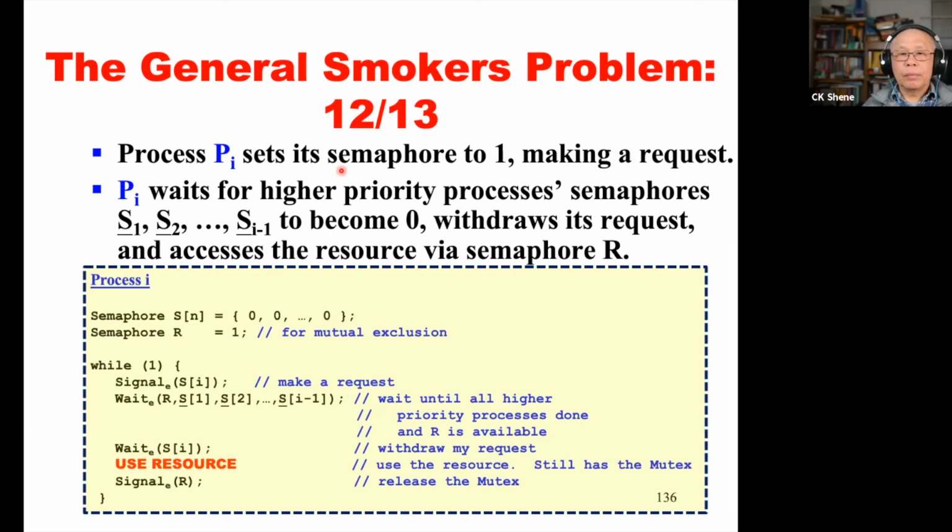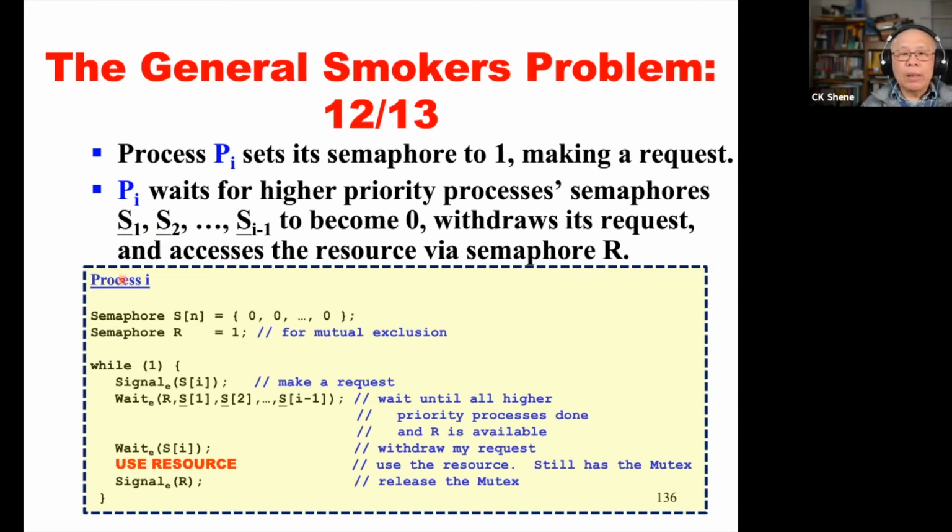So here, let me remind you, S1, S2, up to all the S semaphores are typical semaphores. When we put an underbar under a semaphore name, it means that semaphore is going to be used for zero testing, okay?